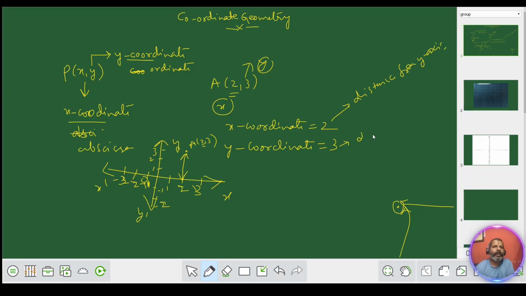Remember this. Distance from x axis is y coordinate. Distance from y axis is your x coordinate value. Distance from x axis is y coordinate.